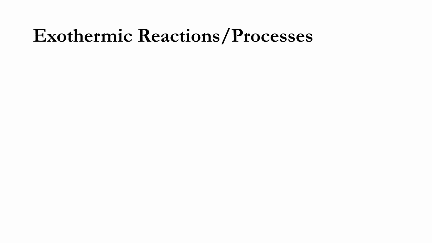If you noticed, most of the chemical reactions in my examples are exothermic. Exothermic reactions or processes are those that give off or release energy, because spontaneous processes or reactions are normally associated with exothermicity.